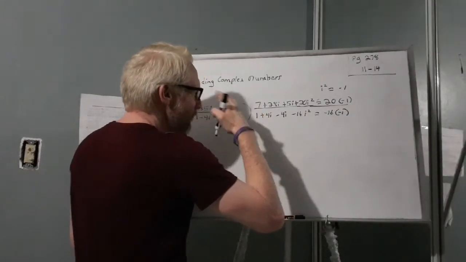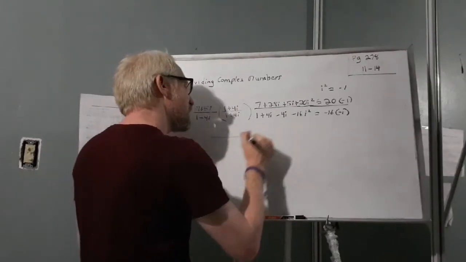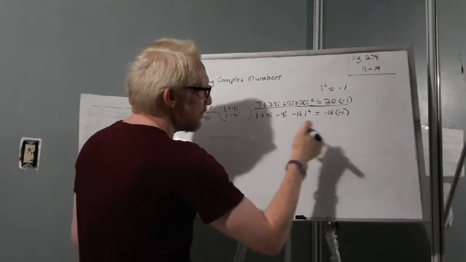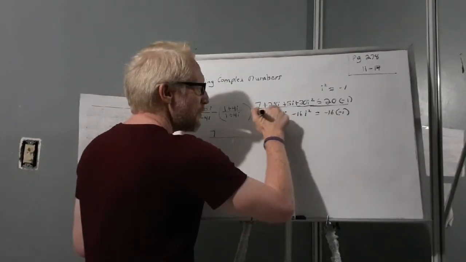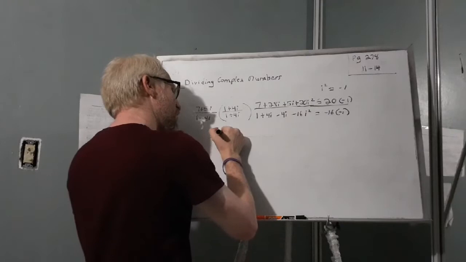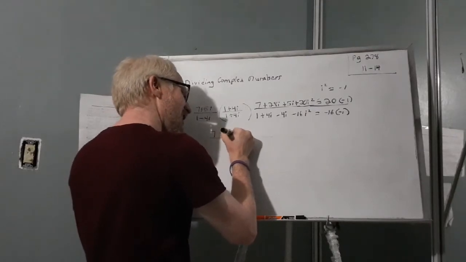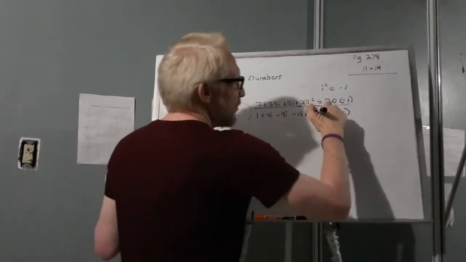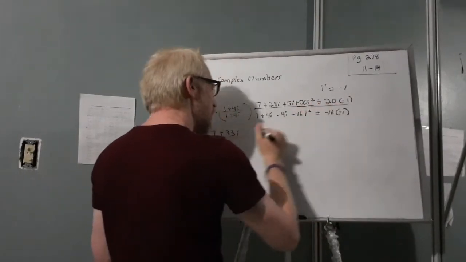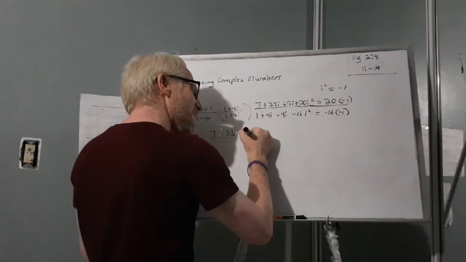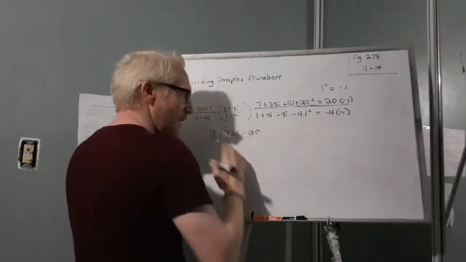So I'm going to work with my numerator. There's really nothing I'm going to do with the 7, so I'm just going to bring it down. 28 plus 5 is 33, so that would be 33i. And then remember that 20i squared is the same thing as saying 20 times -1, which is -20. I'm done with that.